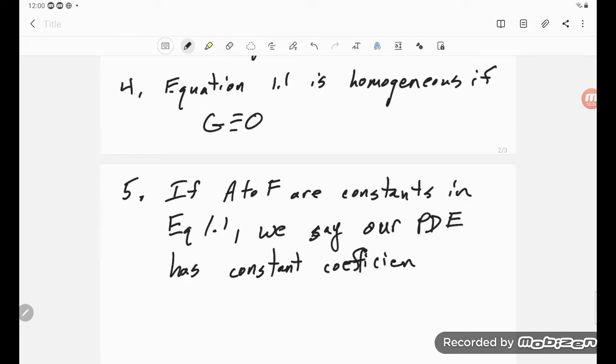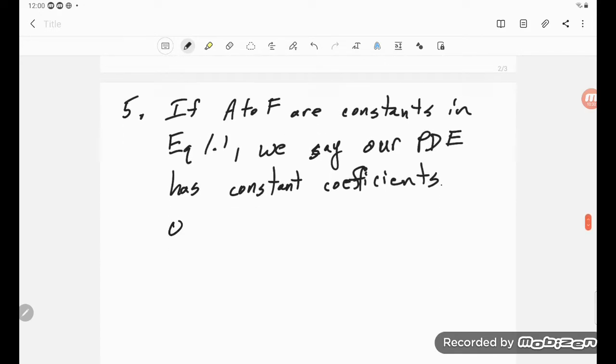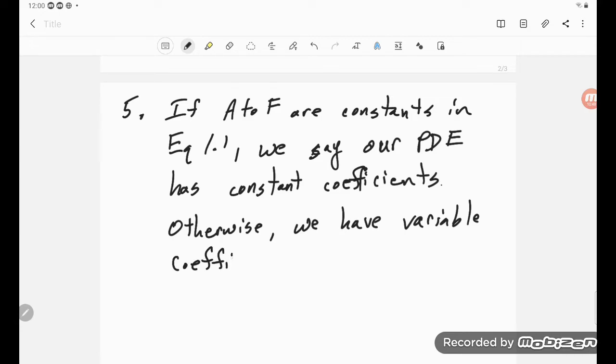Oops, I think I missed an F there. Constant coefficients. Otherwise, they're variable. We have variable coefficients.